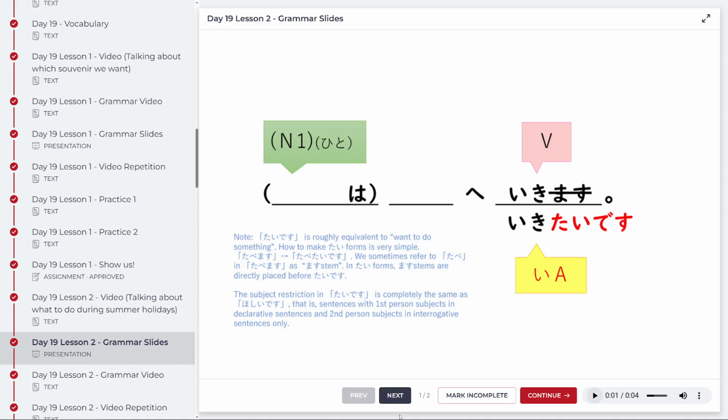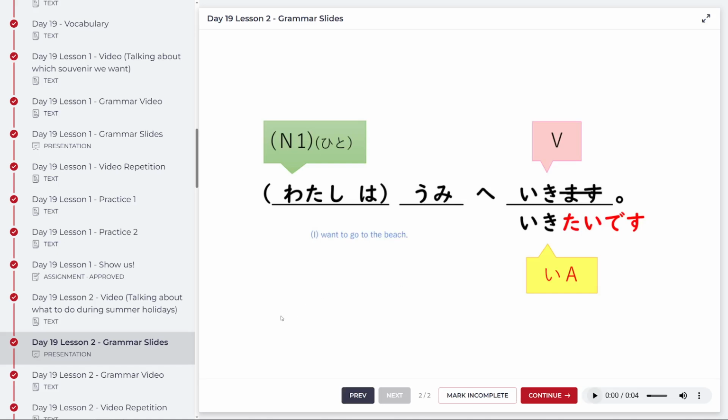Let's look at it here. 海へ行きたいです。 Everything that comes before the mas is what you will usually refer to as the verb stem form or the pre-mas form because it's before mas. And then you just slap on tai afterwards. That's it? Yeah.